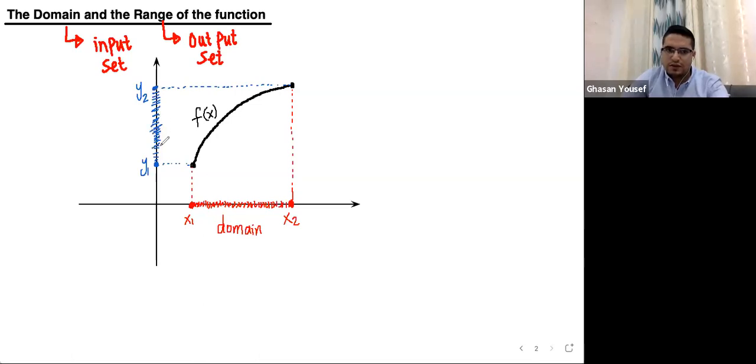So this is my range, the range of the function f of x. Is it clear? From the graph, I can know which x values are used, this is my domain, and which y values are used, this is my range. Any question for this graph?